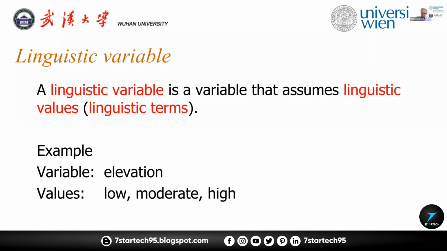So in our example here, with elevation, we need one fuzzy set for low elevation, one fuzzy set for moderate elevation, and one fuzzy set for high elevation. And of course, for every one of these sets, we have to define a membership function. Now, this is the concept of variables and their values.